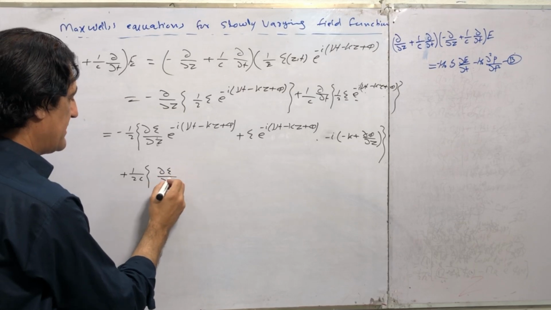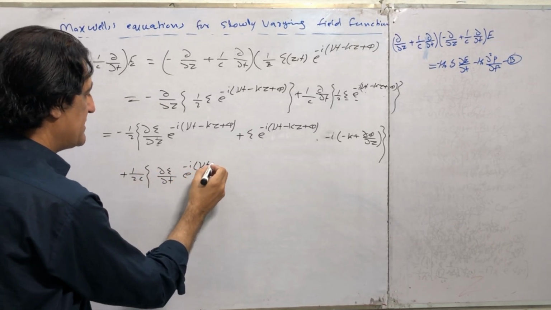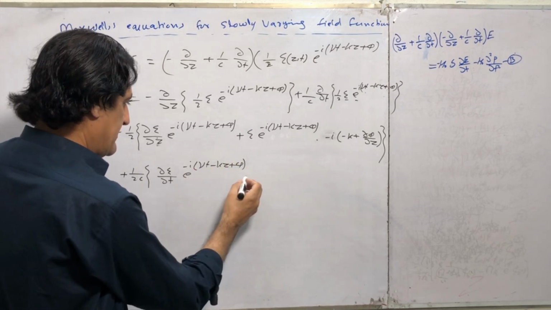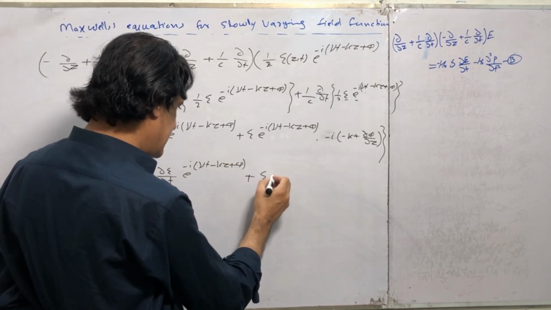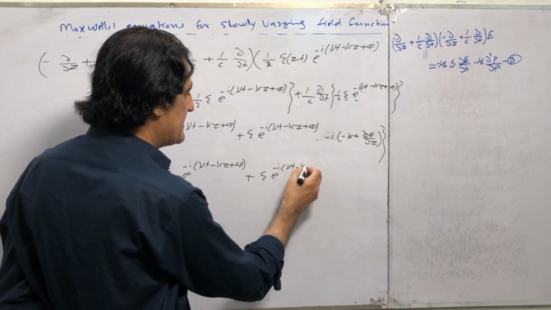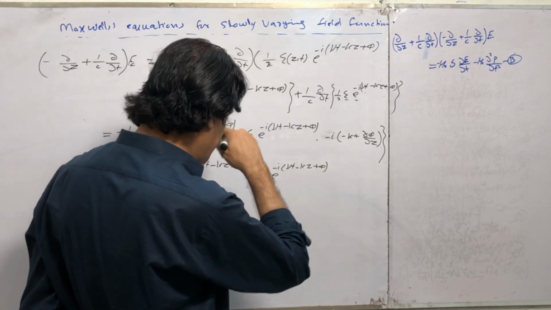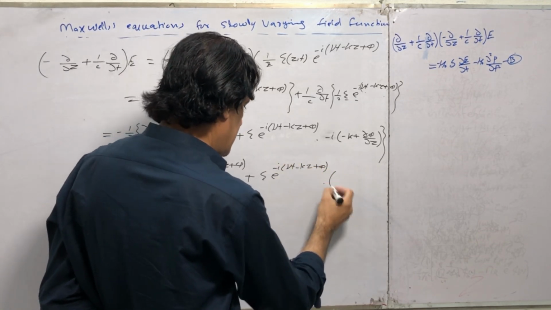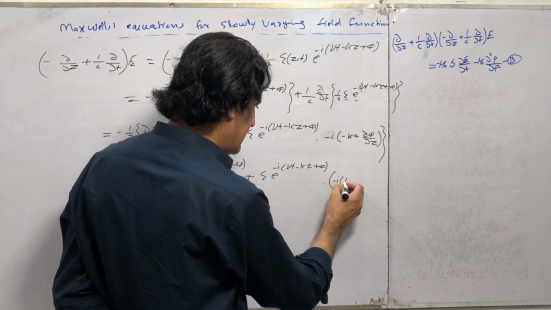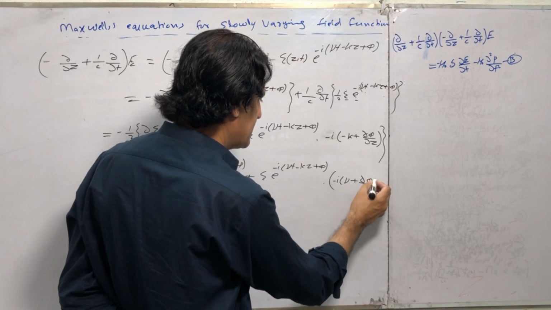Partial epsilon divided by partial t, and e to the power minus iota (nu t minus kz plus phi), plus e to the power minus iota (nu t minus kz plus phi), and take the differentiation of the power, and this will be equal to minus iota nu plus partial phi divided by partial t.